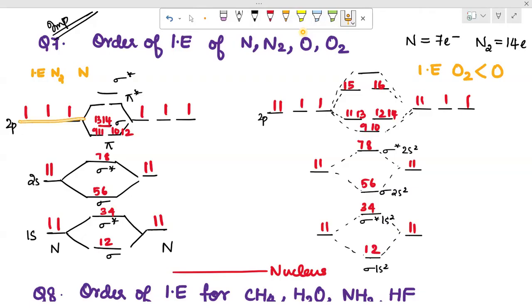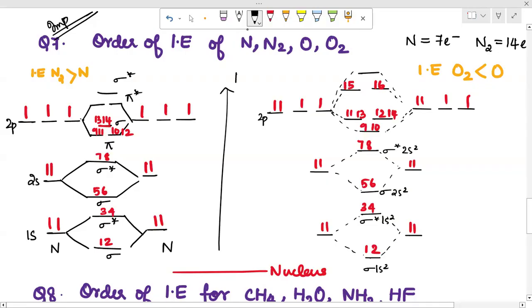The potential energy of nitrogen atom is higher than that of N2 molecule, meaning its position is very far away from the nucleus. It is easier to remove the electron from N than from N2. The electrons of N2, which possess lower potential energy, are closer to the nucleus and hence will possess higher ionization energy. So the order that we have written over here is potential energy, not ionization energy.